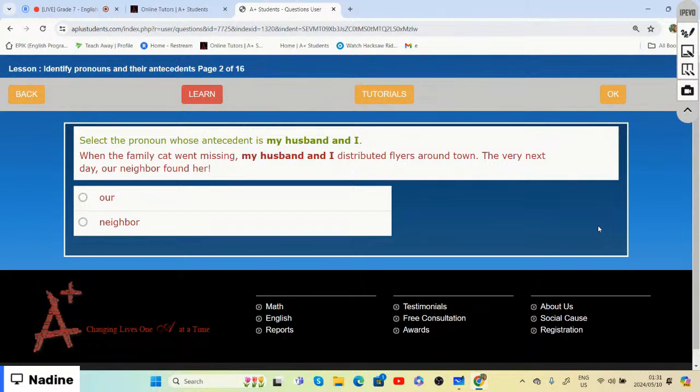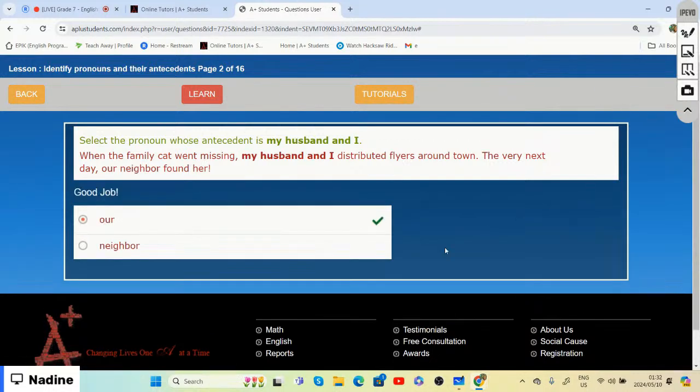That agrees with my husband and I. So is it our or neighbor? All right, so if we want to choose the correct one, we will say our refers to my husband and I.